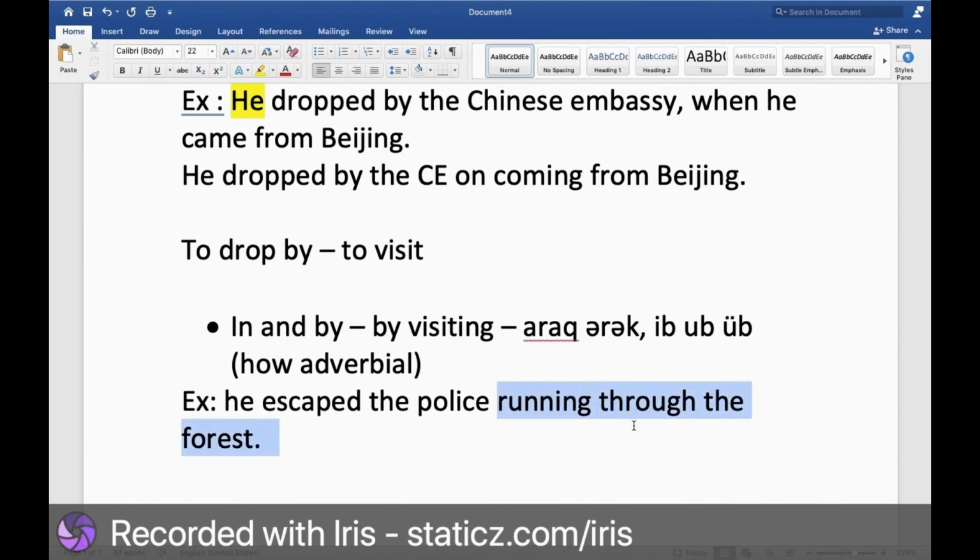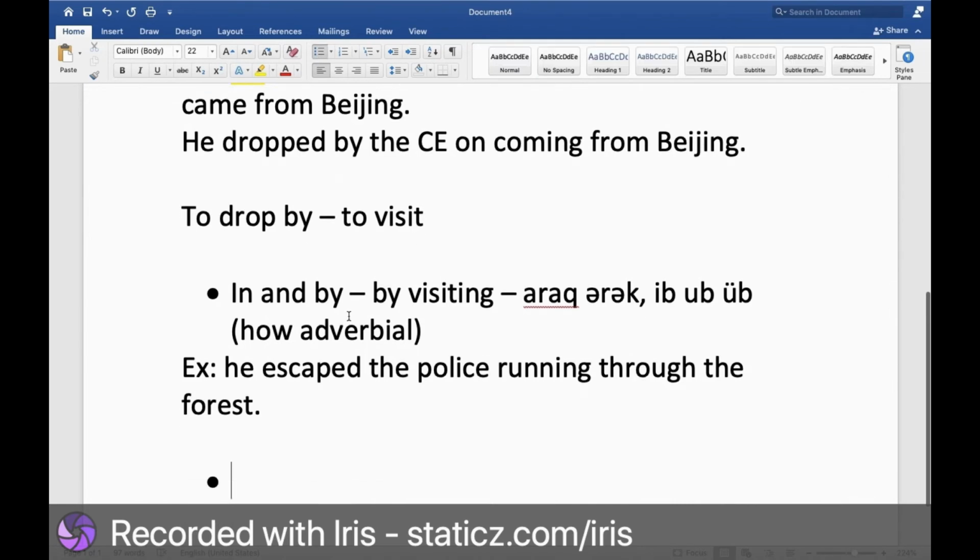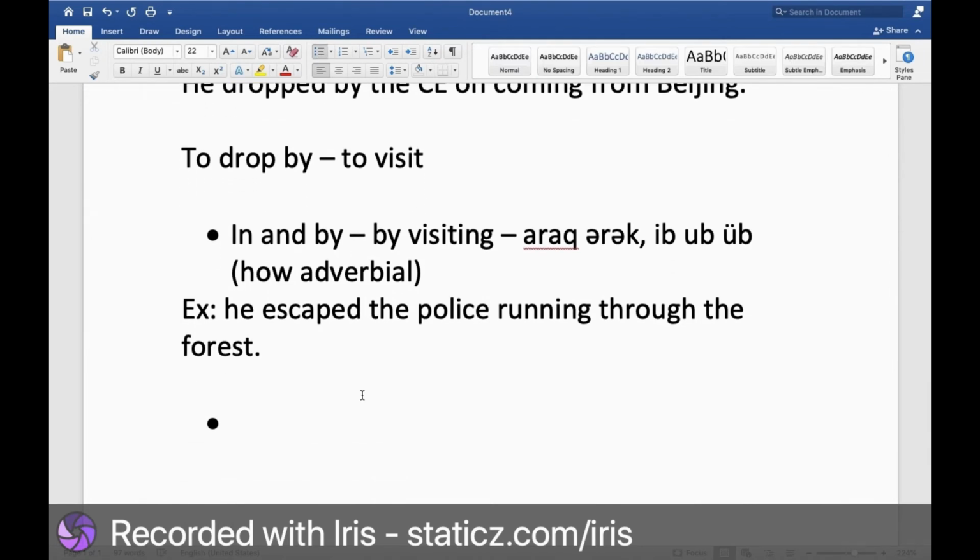Here, running through the forest is the verb construction, and it is how adverbial. How he escaped from the police. Running through the forest. Okay? All right. Moving on, the next preposition that can be used in front of an infinitive is this. Actually, the rest of them are absolutely easy. By the way, in is more formal than by.